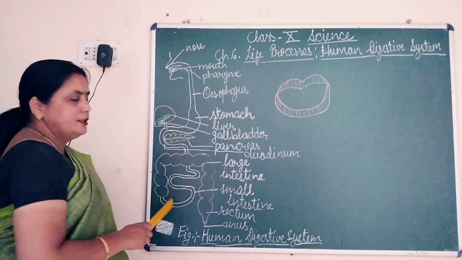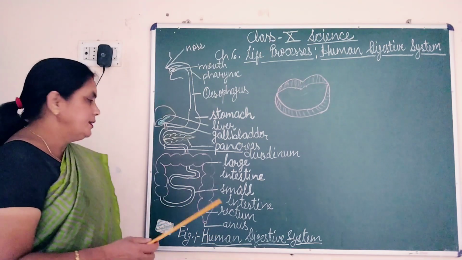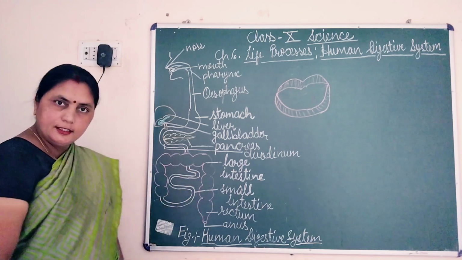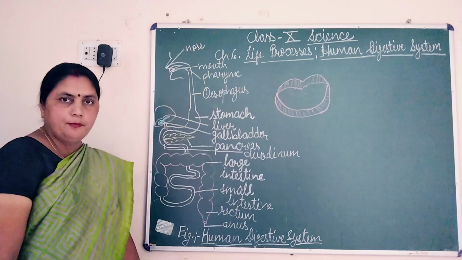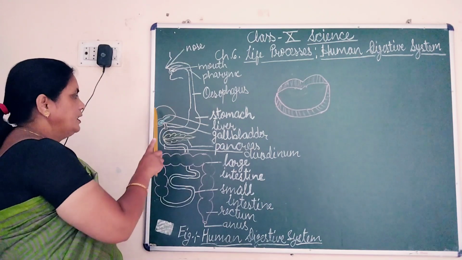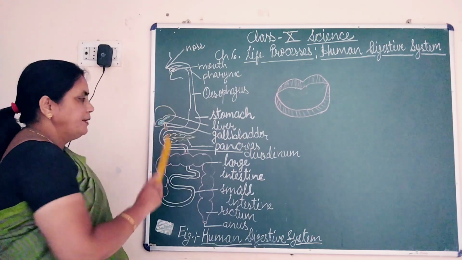Then the duodenum continues into the small intestine. The small intestine is a highly coiled tube. This small intestine continues into the large intestine. Then the large intestine opens into the rectum, and the rectum opens into the anus. Besides that, there are two glands, the liver and the pancreas.